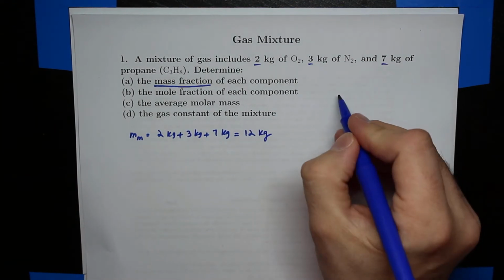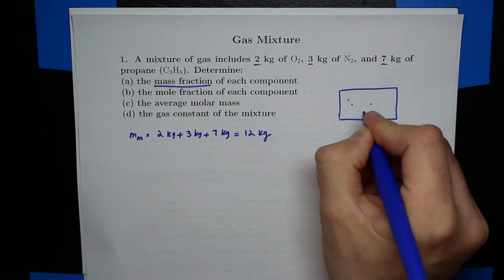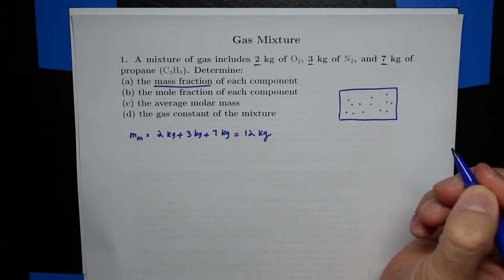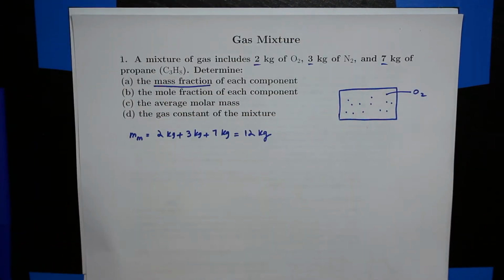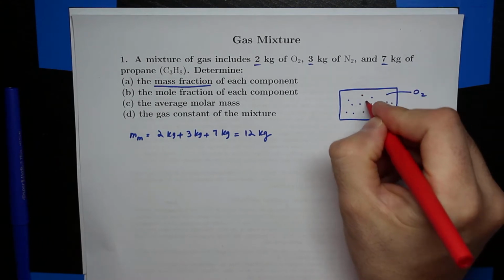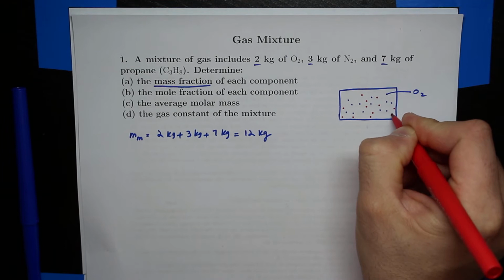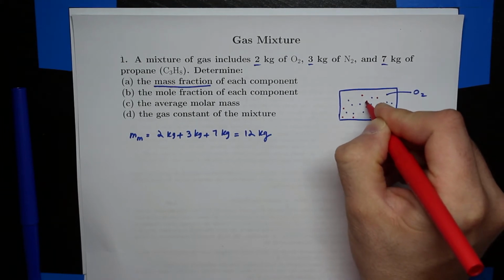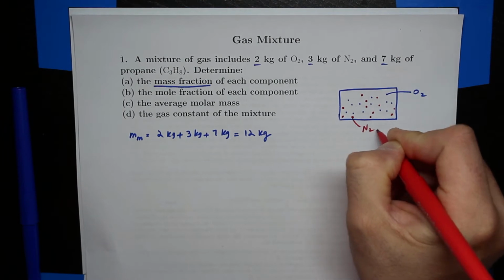All right. So let's say if this is our tank, in this tank we have oxygen. So let's say that these dots show oxygen molecules. We also have nitrogen in this tank. So the red dots are nitrogen. Maybe I should make them more distinct, but these are nitrogen.